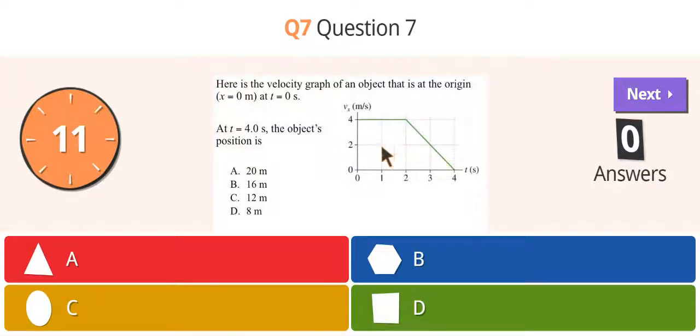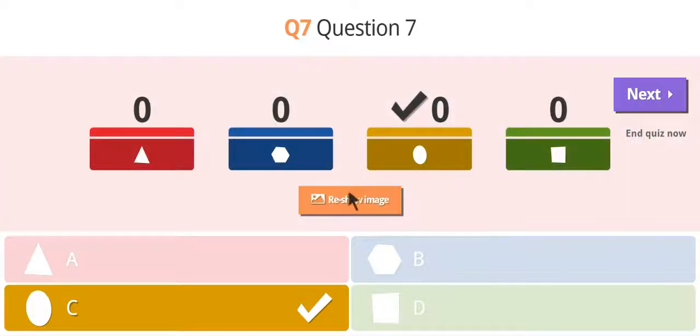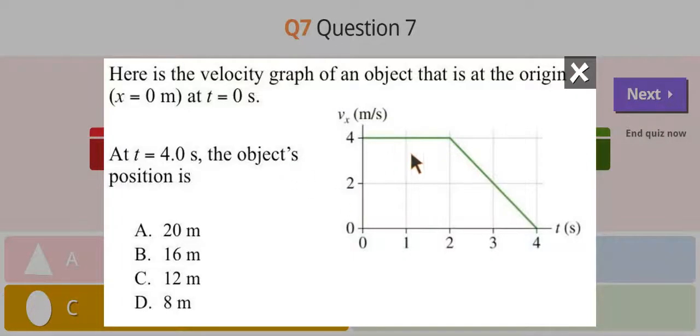So I have two shapes here. I have this square, 4 times 2 is 8. Then this triangle, 4 times 2 divided by 2 is 4. So this area is 8, and this area is 4, and I add the two together to get 12.